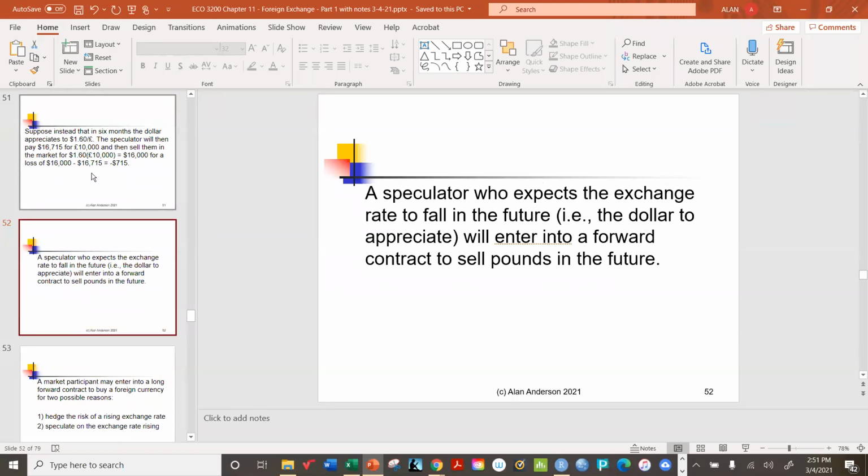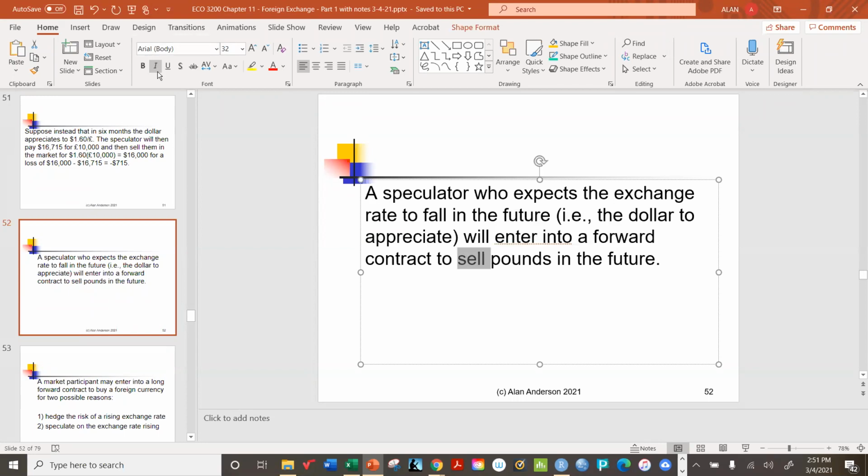All right, now this speculator was expecting the exchange rate to go up, and so he entered into a long forward contract. If he felt the opposite, if he really believed that the dollar would get stronger, then the smart move would have been to enter into a contract to sell them.